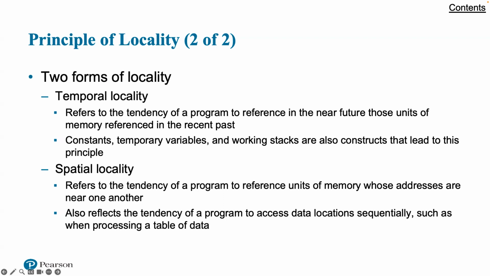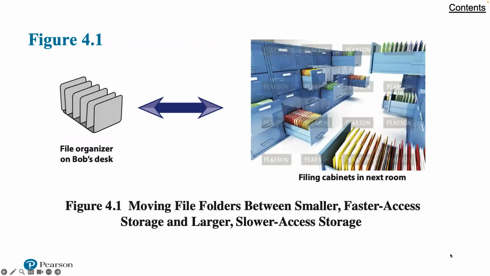Spatial locality also reflects the tendency of a program to access data locations sequentially, such as when processing a table of data. So here we have a figure that hopefully will start to shed some insight.